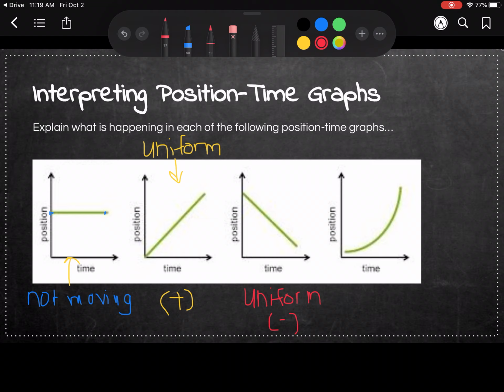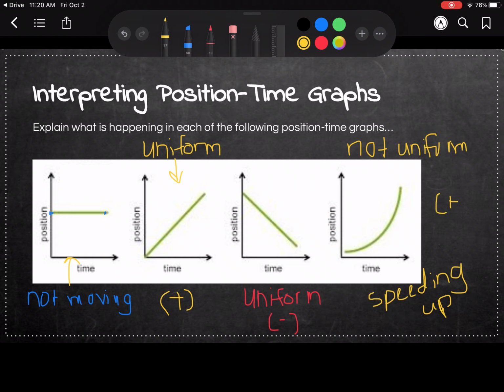It's going back towards its starting point. And then the last one, position time graph. This is not uniform. They're speeding up. So this is not uniform, it's speeding up. It's also in the positive direction.